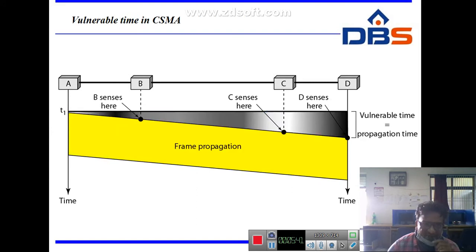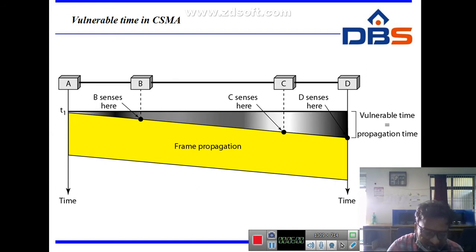In the next slide, we calculate the vulnerable time in CSMA. At time t1, station B senses the medium and finds it idle, so it sends a frame.